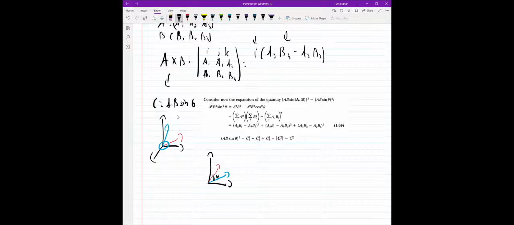If I extend this into a parallelogram, pretend they're the same length and everything, I just can't really draw. A cross B is just equal to AB sine theta, which is also equal to the area of the parallelogram created.